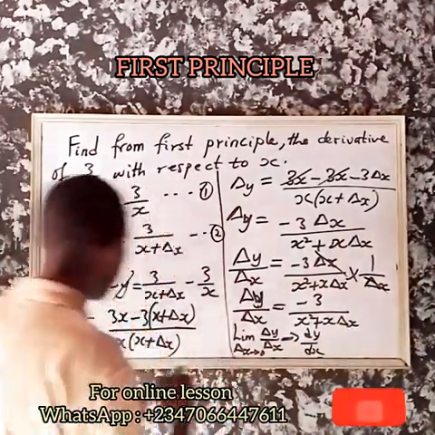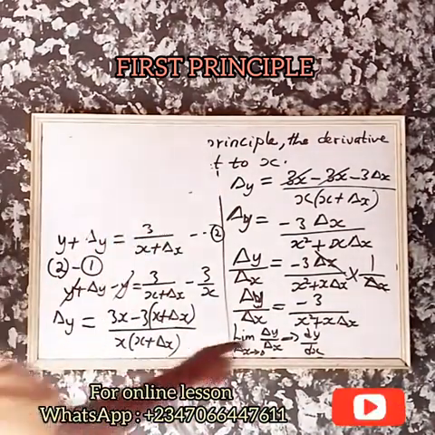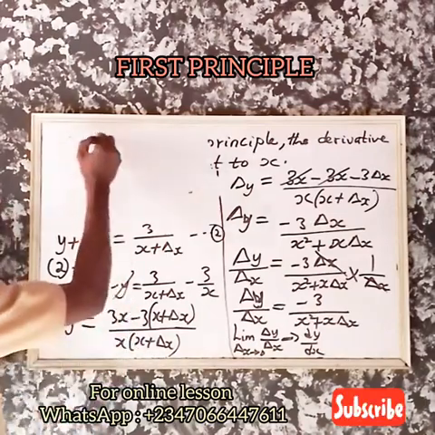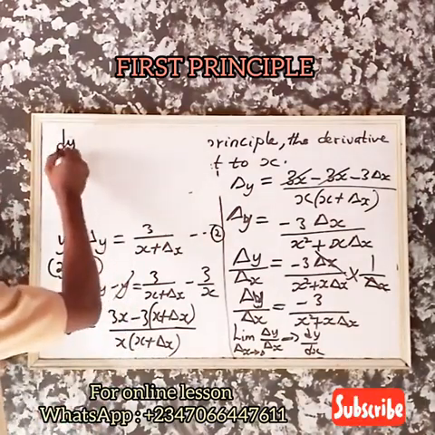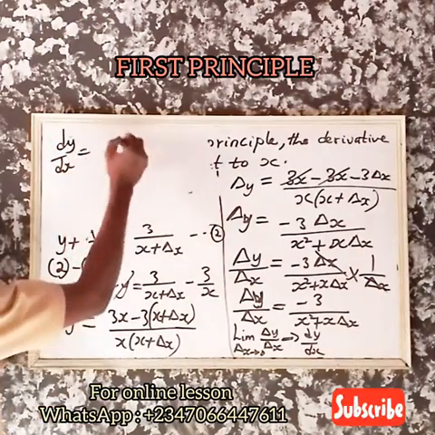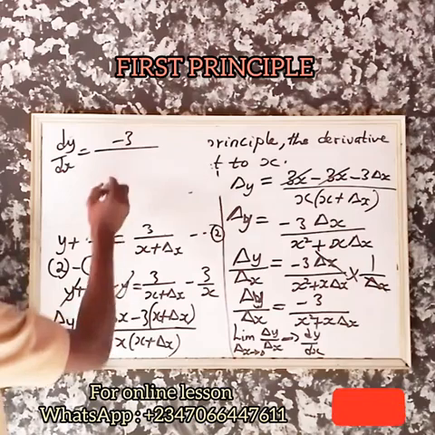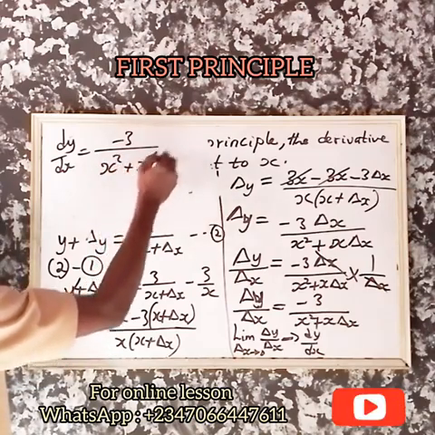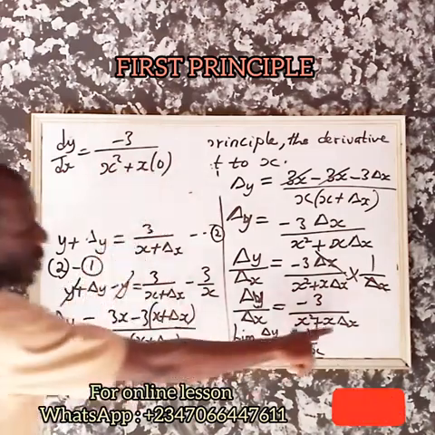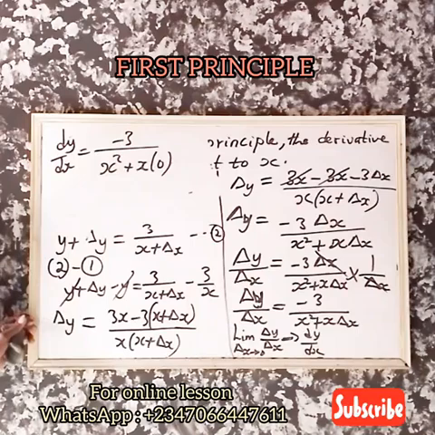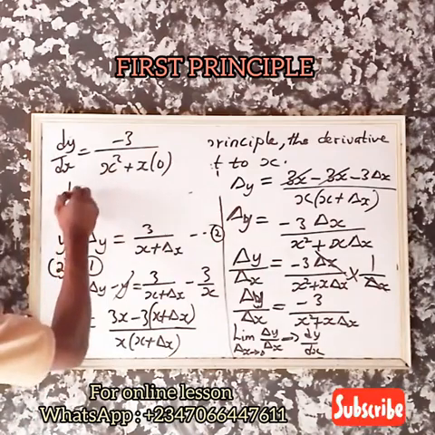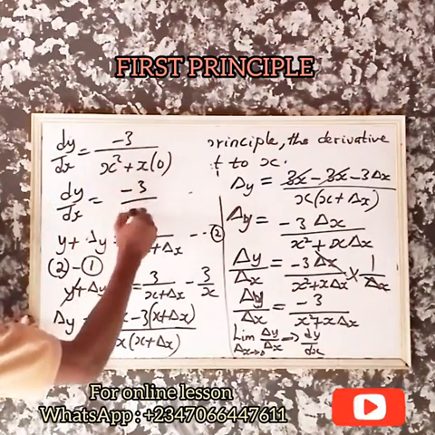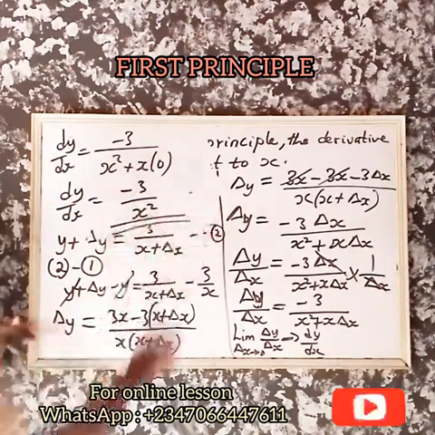So let's finish it from here. That's dy/dx equal to negative 3 all over x squared plus x into 0, since delta x tends to 0 there. So finally, your dy/dx equal to negative 3 all over x squared. So this is our answer.